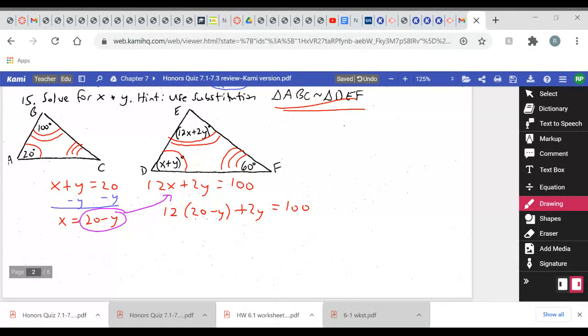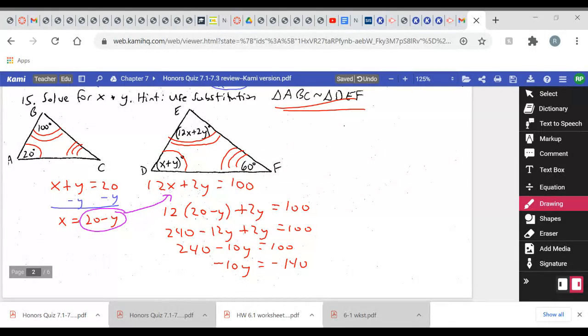From there, if I distribute the 12, I end up with 240 minus 12y plus 2y is equal to 100. So 240 minus 10y is equal to 100. If I subtract 240 from both sides, I end up with negative 140.